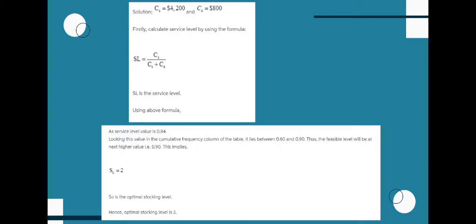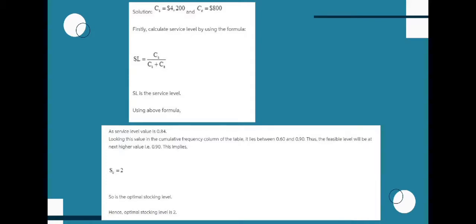To compute the service level, the shortage cost is $4,200 over the shortage cost $4,200 plus $800, which is equal to $5,000. $4,200 divided by $5,000 is equal to 0.84.